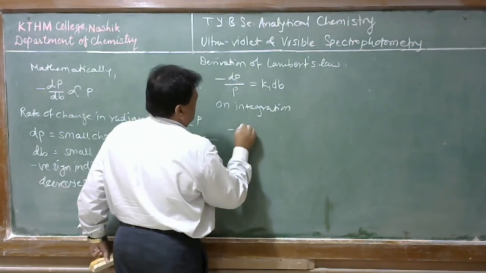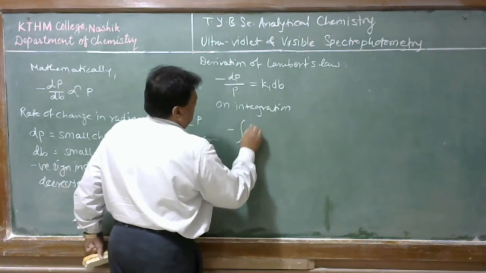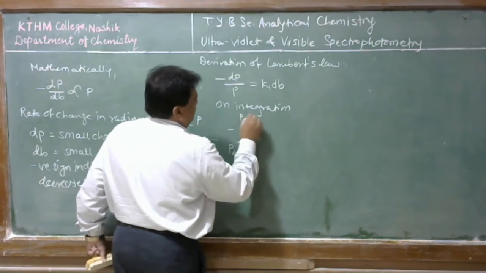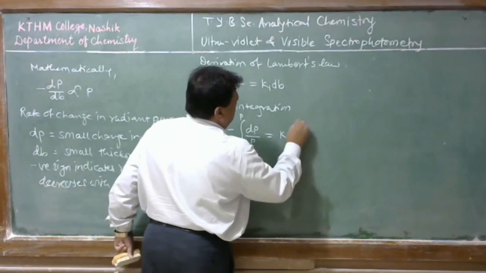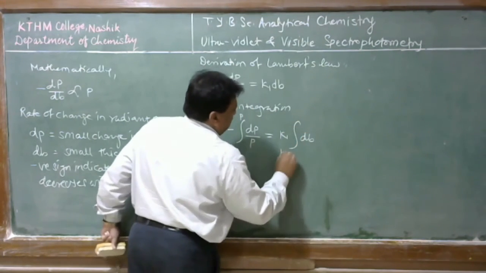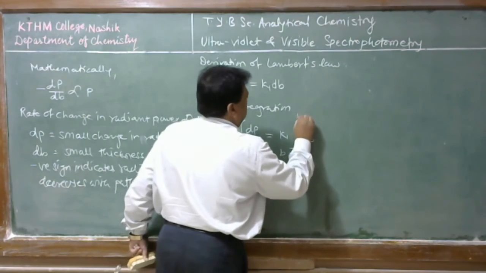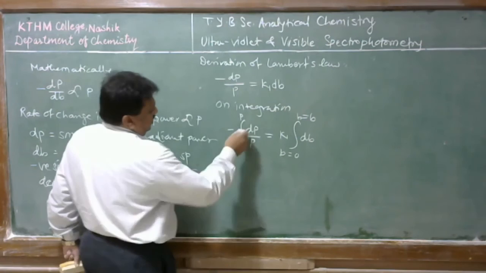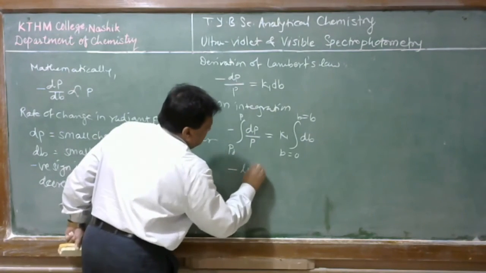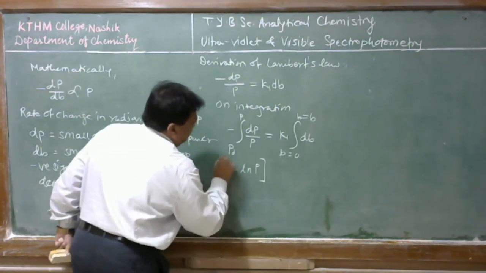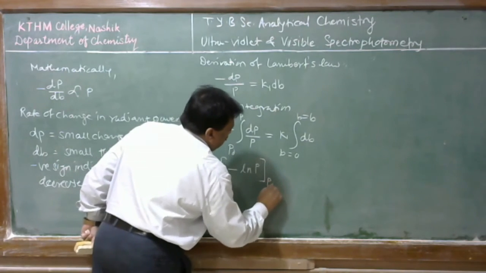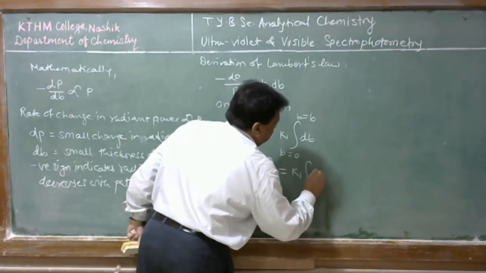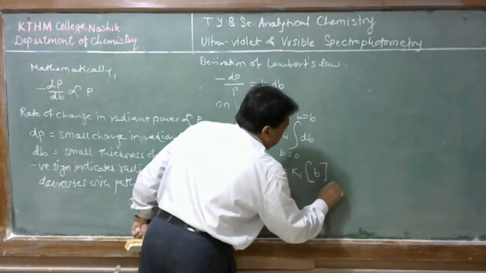Here minus integration of dP by P, P0 to P is equal to K1 into integration of dB, B is equal to 0 to B is equal to B. Then we have integration of this is minus ln P, here P0 to P equal to K1 into integration of dB, B from 0 to B.